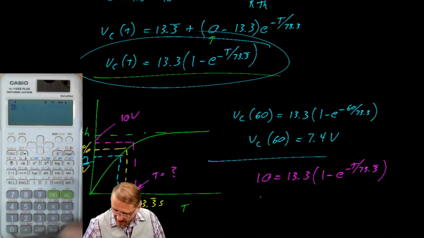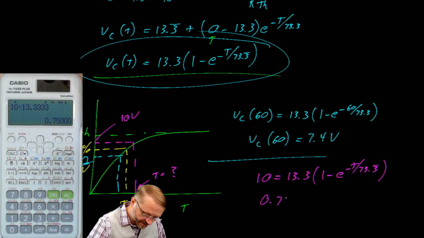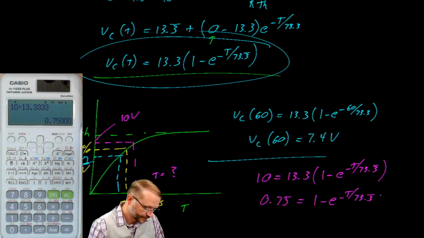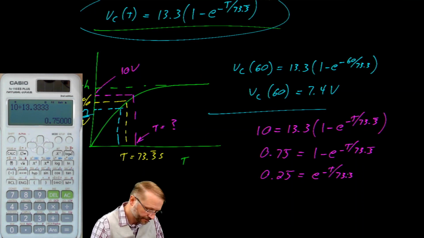So 10 divided by 13.3, 0.75, is equal to 1 minus e to the negative t over 73.3. 0.25 is equal to e to the negative t over 73.3.